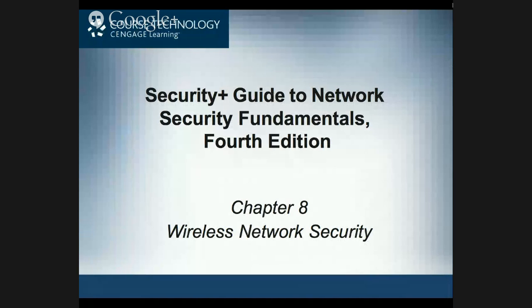We've talked a little bit about it already this semester with the man in the middle, which is a real popular way for hackers to get information from folks, through a man in the middle through Wi-Fi.